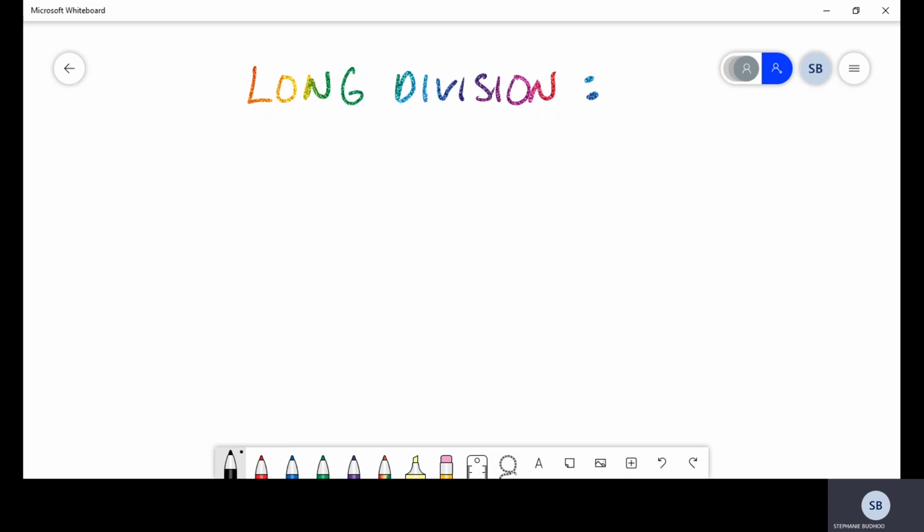Okay guys, so let's look at another example. So we have a polynomial and it's given by 4x cubed subtract x squared plus x subtract 2. And we are going to try to divide this polynomial.